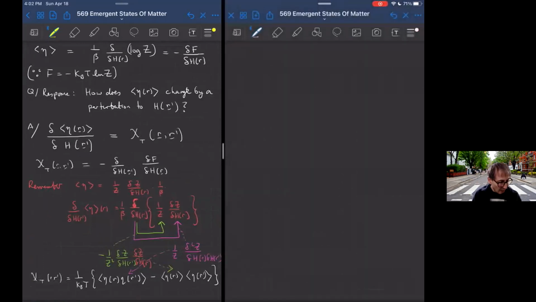and then we're going to define this thing to be beta times g of r and r prime, and g of r and r prime is the 2-point correlation function.